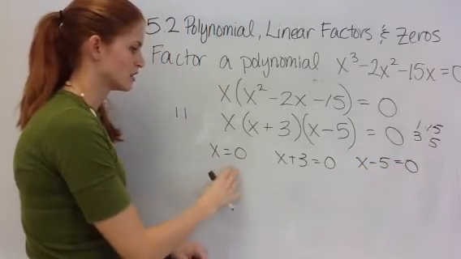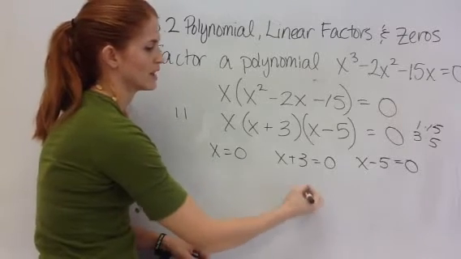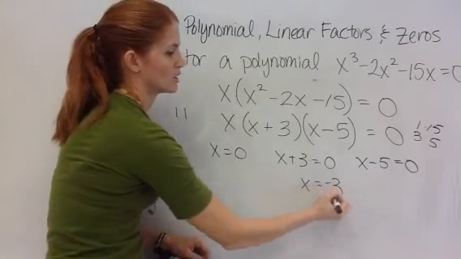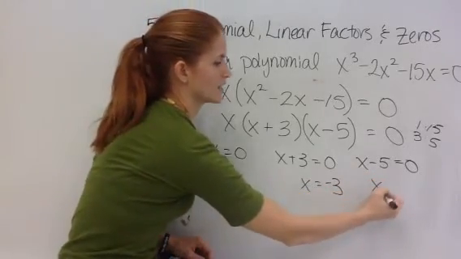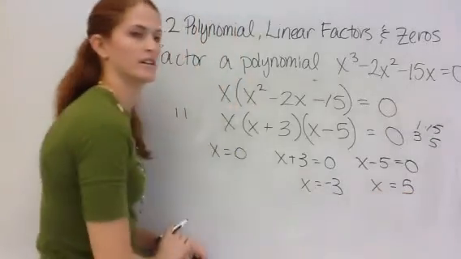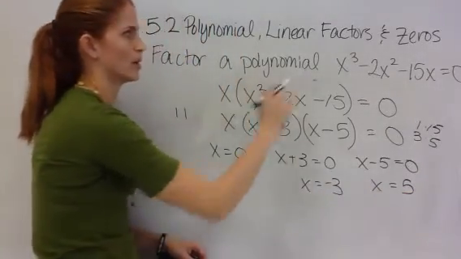If the first number is 0, that means x is 0. If the second number is 0, that means x was negative 3. And in order for the third number to be 0, x had to be 5. So these are our zeros for our polynomial.